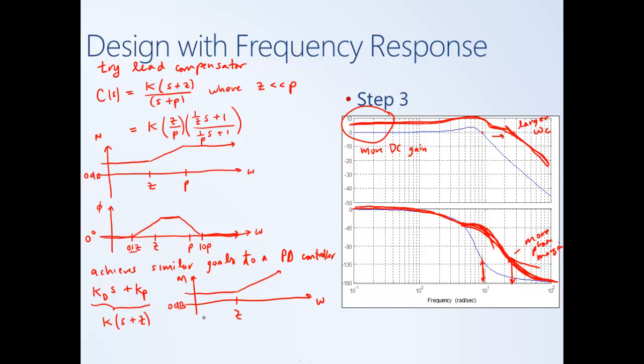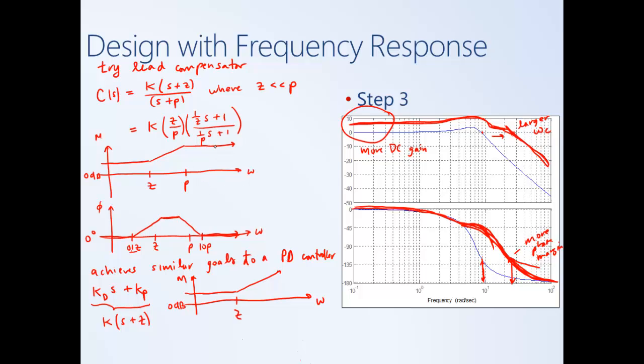So comparing these two, comparing the magnitude plot of a PD compensator to the magnitude plot of a lead compensator, can you see any issues, or can you make a guess as to which one is preferable? And so what you see is that the PD tends to amplify high frequencies more than the lead.